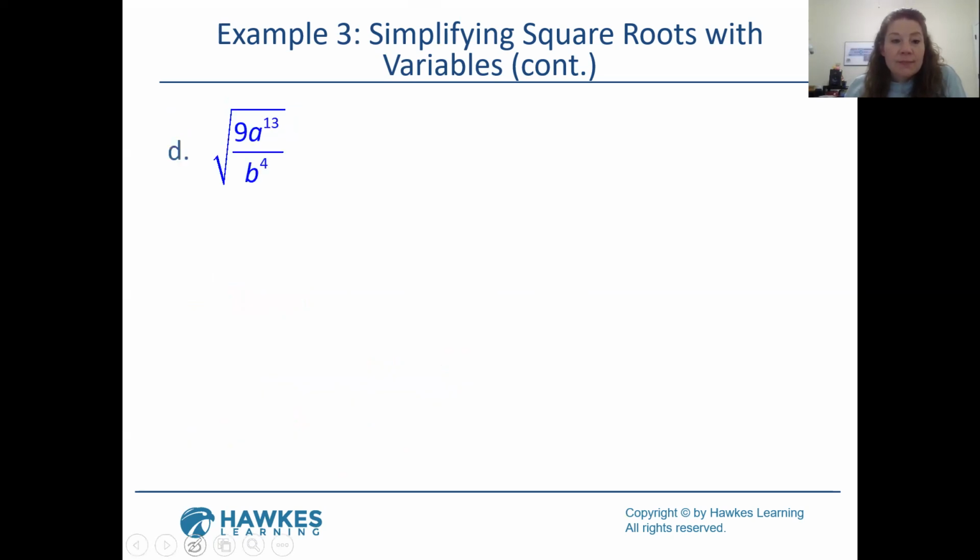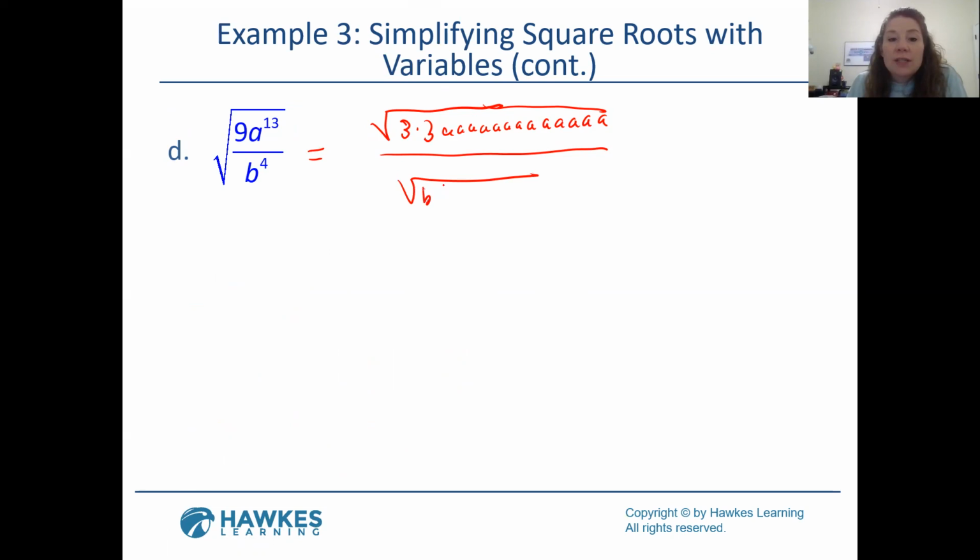All right, this one, we get to divide that up. So we're going to do 9, which is 3 times 3, and 13 A's, you guys. 1, 2, 3, 4, 5, 6, 7, 8, 9, 10, 11, 12, 13 over 1, 2, 3, 4. None of our variables is a 2, so we're fine with that.